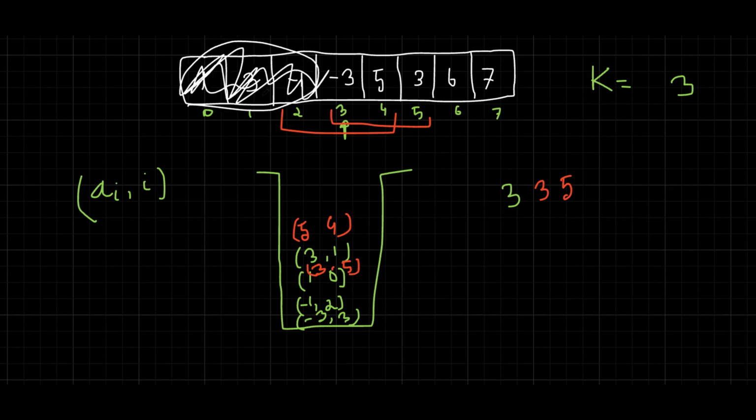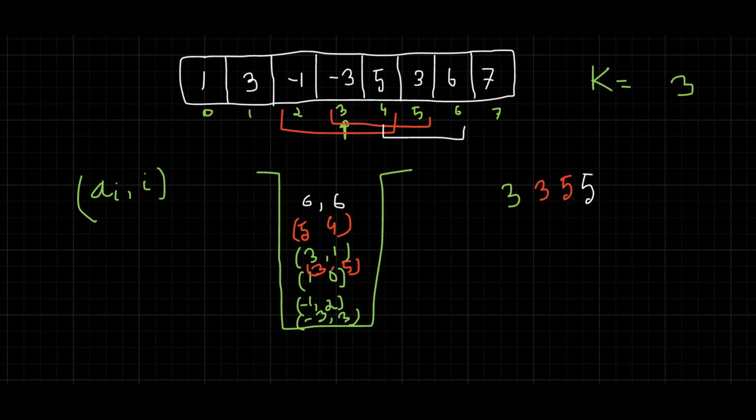The top element does belong to this portion, so again the top element is 5. And similarly, for this window, we have to store 6 and 6, and the top element is 6. And for this last window, we have to store 7, 7 into the priority queue, and the top element of the priority queue is 7.